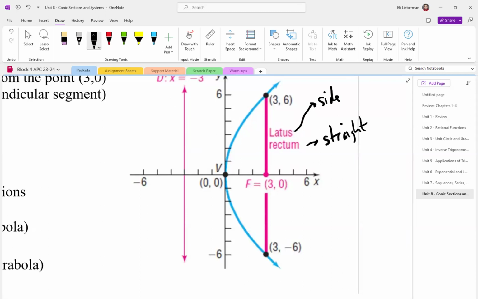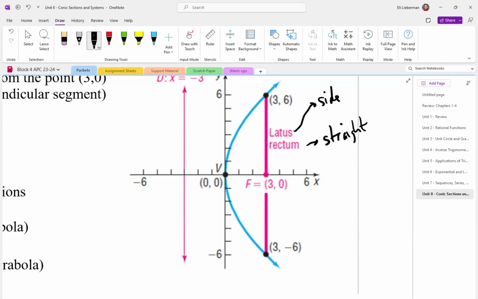I just know that because I looked it up last class. So straight side. We'll look into that a little bit more in a little bit.